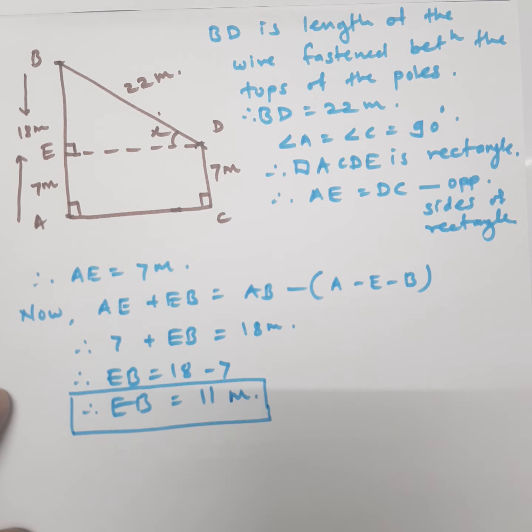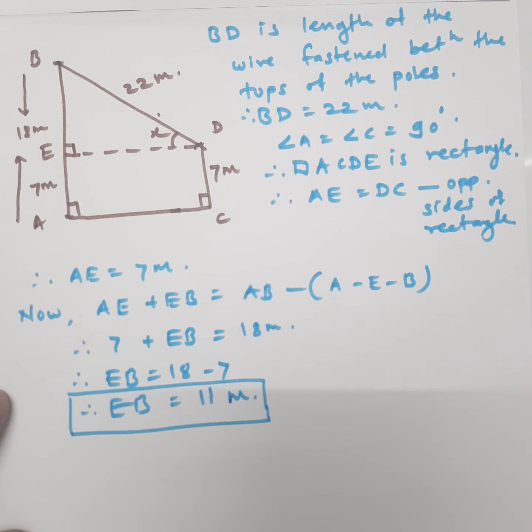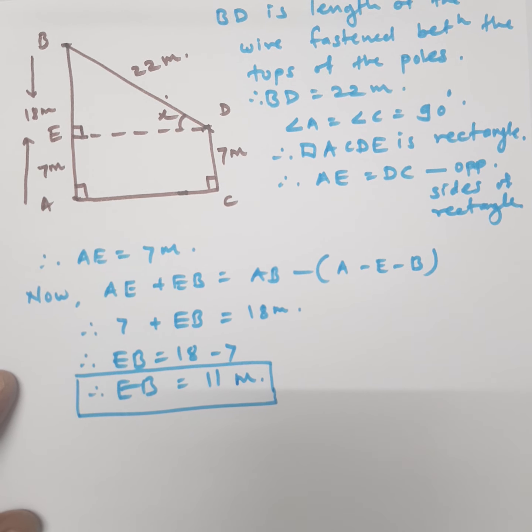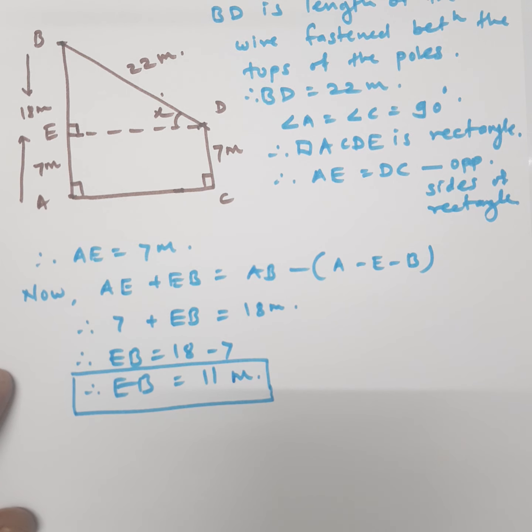Now, we have to find the angle x, that is the angle of the wire made with the horizontal.